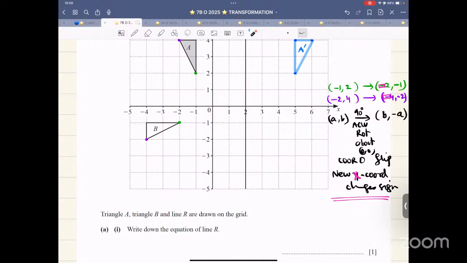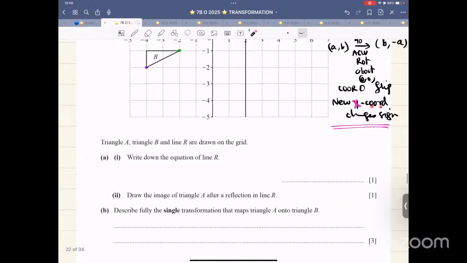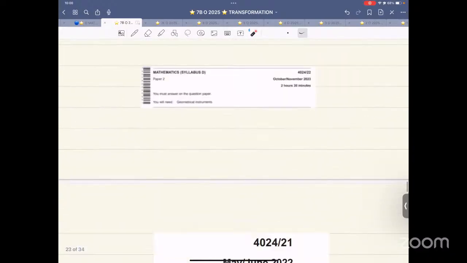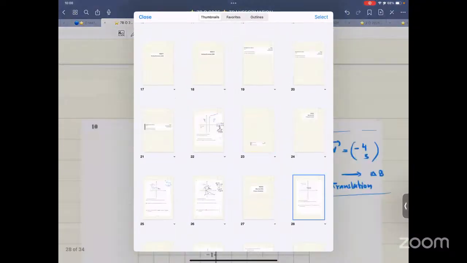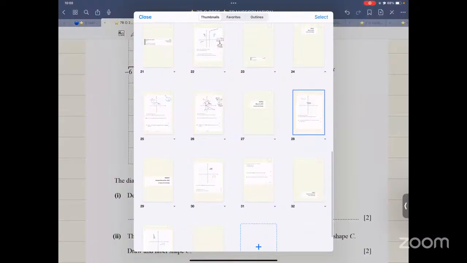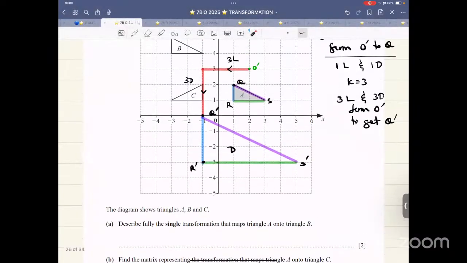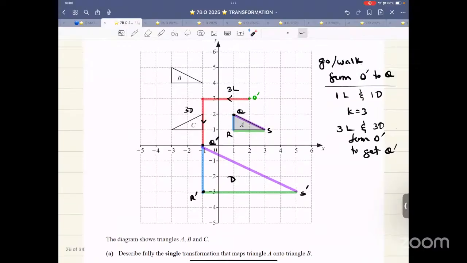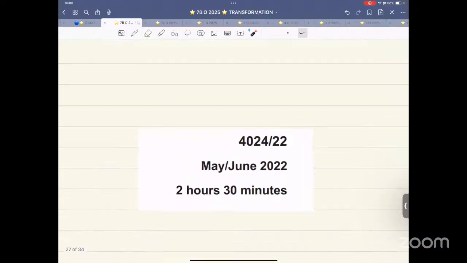So first the coordinates flip, then the x coordinate changes sign. That is a 90-degree anti-clockwise rotation about the origin. New x coordinate changes sign. Okay. This is again the same kind of transformation.